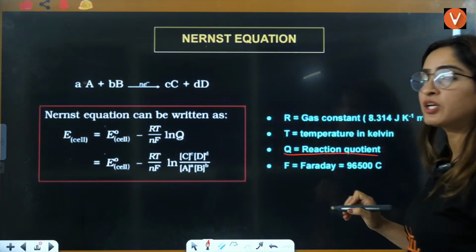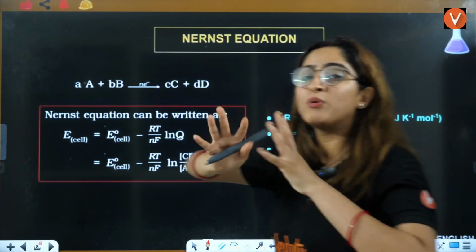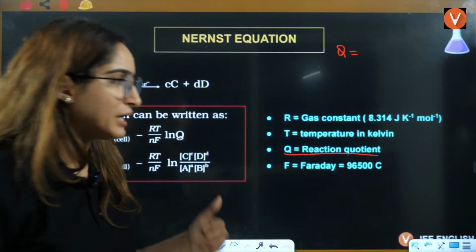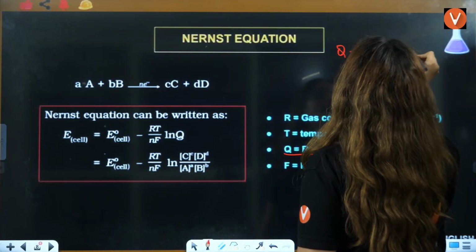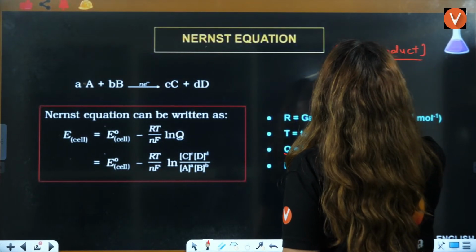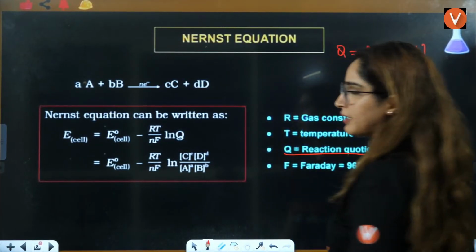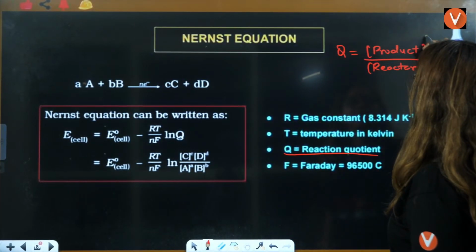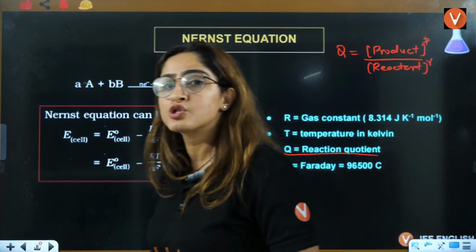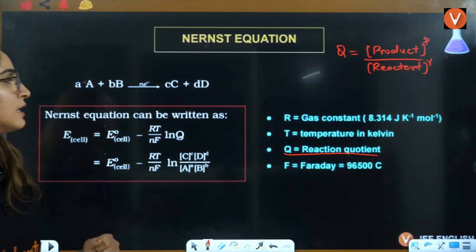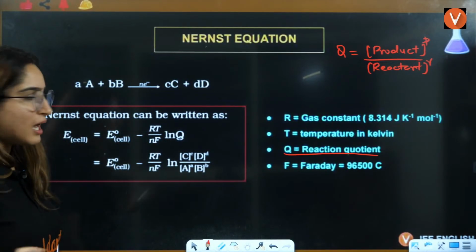The formula is the same as the equilibrium constant: concentration of product raised to the power of its stoichiometry divided by concentration of reactant raised to the power of its stoichiometry. Here let's say p is the stoichiometry, here r is the stoichiometry, right? So that is the reaction quotient, and this is going to be your full-fledged formula.